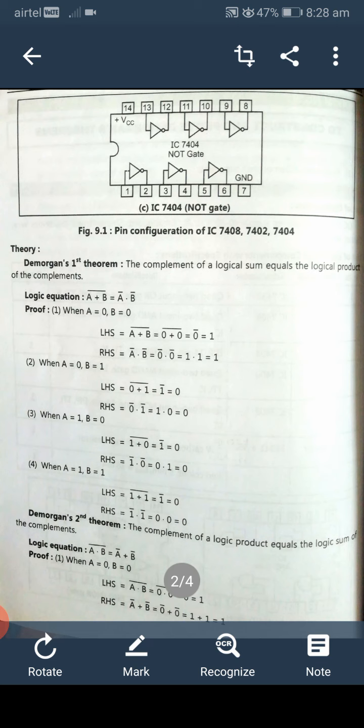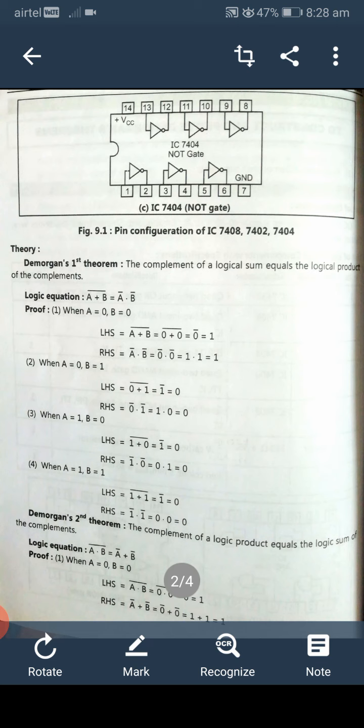Left hand side, complement of A into B, that is equal to complement 0 into 0 is equal to complement 0, and complement of 0 is equal to 1.